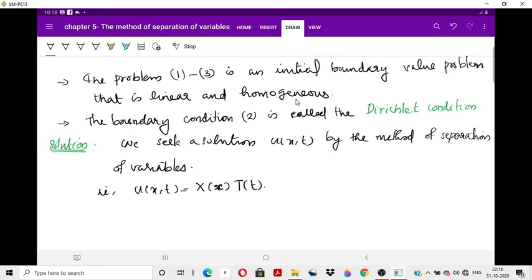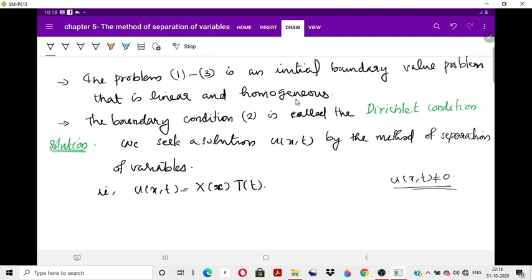And we also assume that the solution must be non-zero, because we are not interested in the zero solution. We need to find a non-trivial solution. So we assume that u(x,t) is not equal to 0, or we avoid the cases where u(x,t) becomes 0.